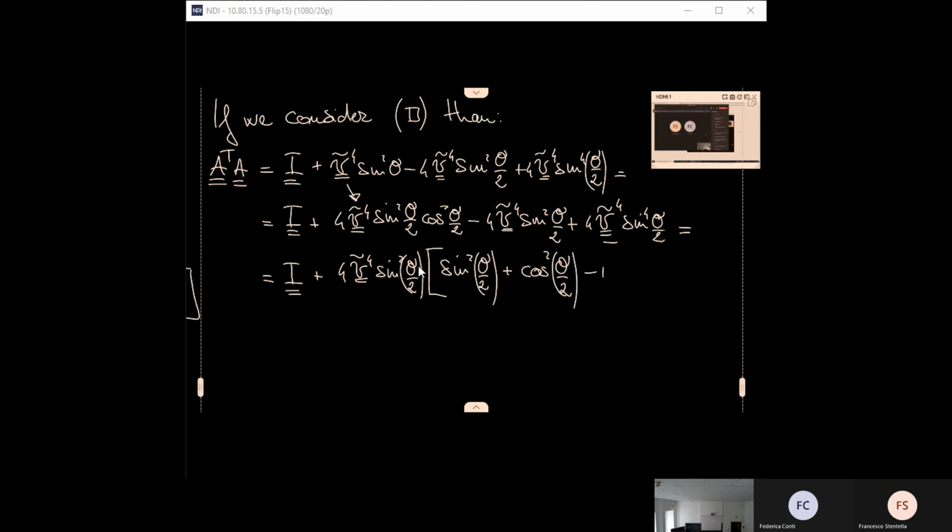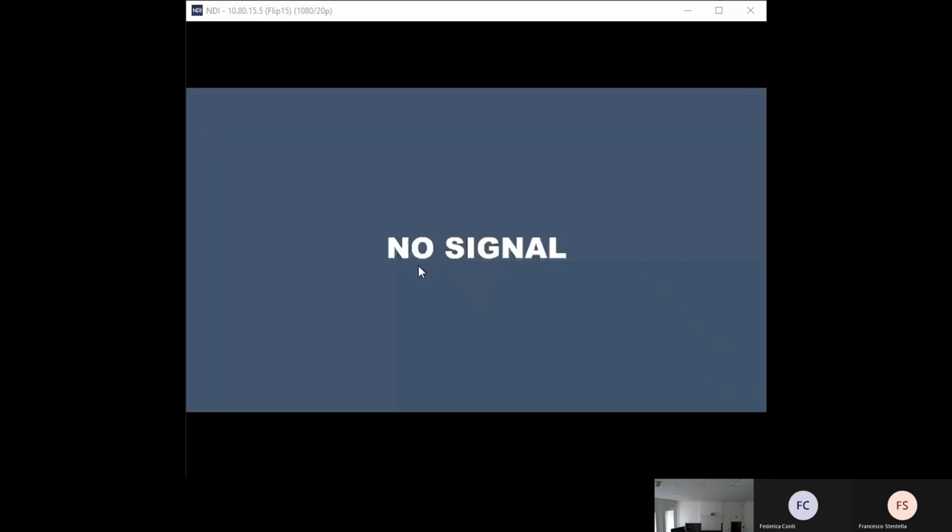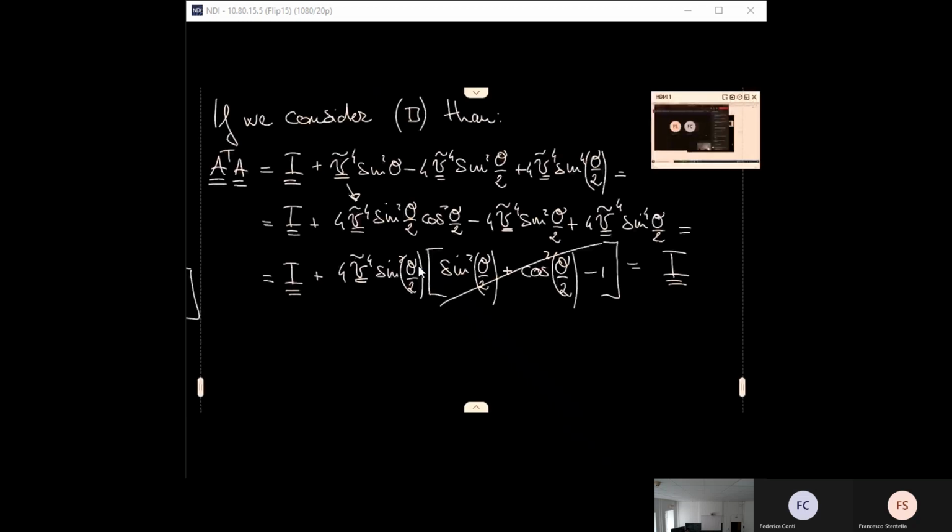It is super easy to see that the term between the square brackets is 0. And so basically this eventually amounts to the identity matrix, which basically demonstrates the thesis.